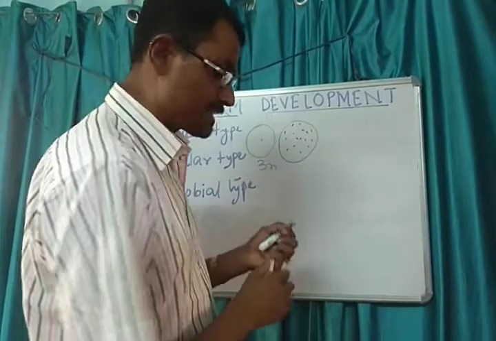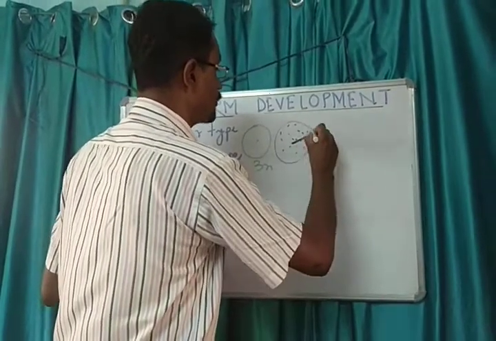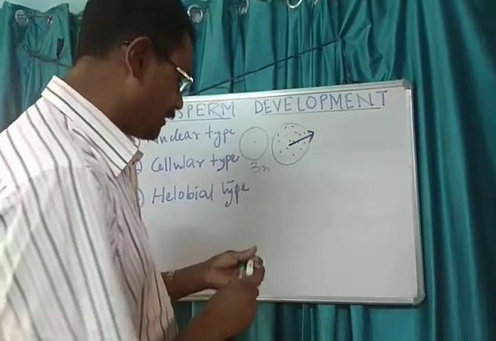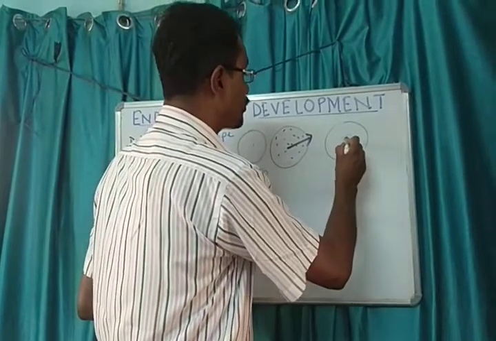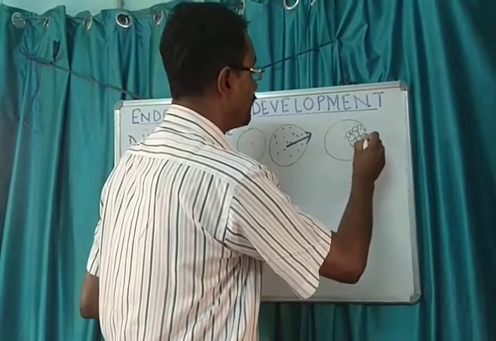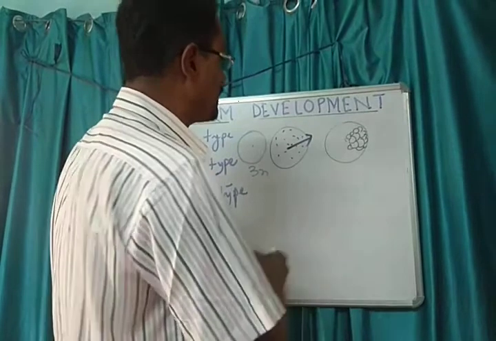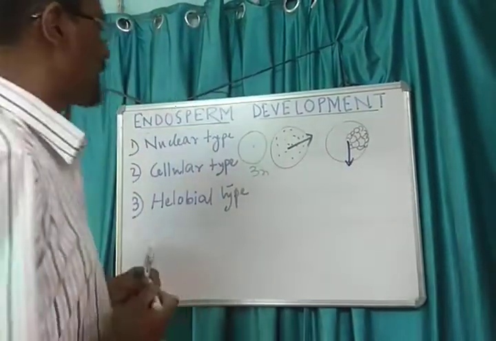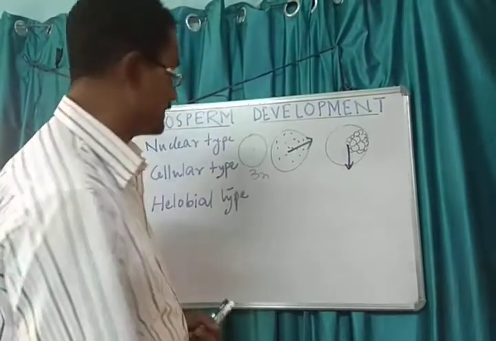What is the meaning of center towards the periphery? From the center it starts and moves towards the periphery like this. Ultimately you are finding the formation of wall that goes like this, from the center towards the periphery. This type of development is called cellular type of endosperm development.